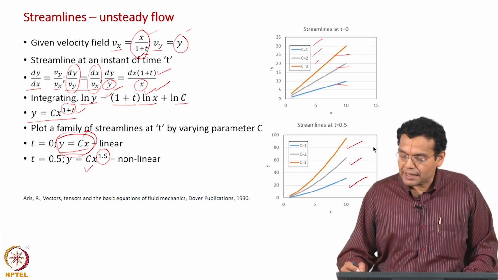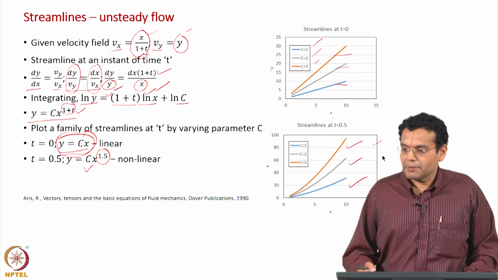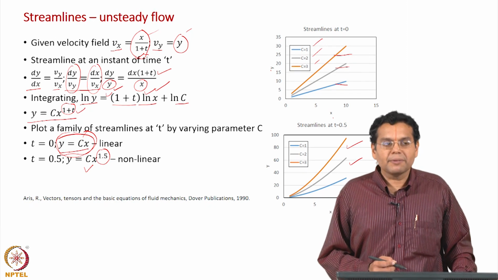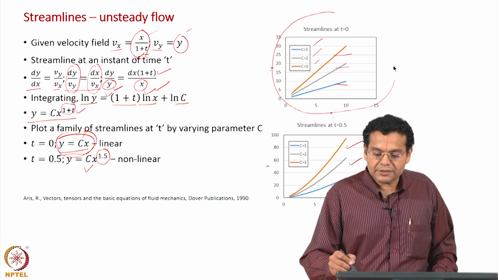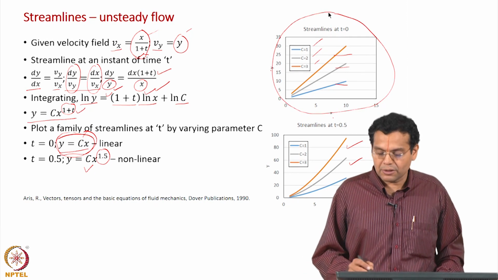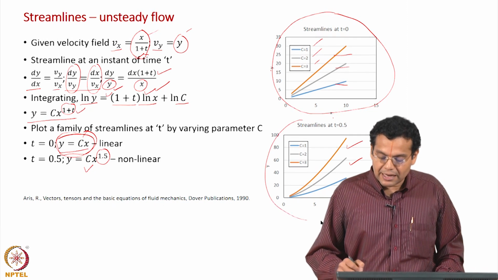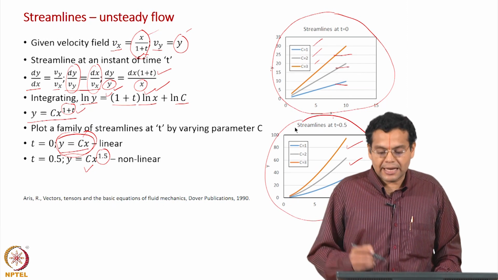This is what we have been emphasizing, that one set represents streamlines at the instant t equal to 0, and these represent another set of streamlines at time t equal to 0.5.